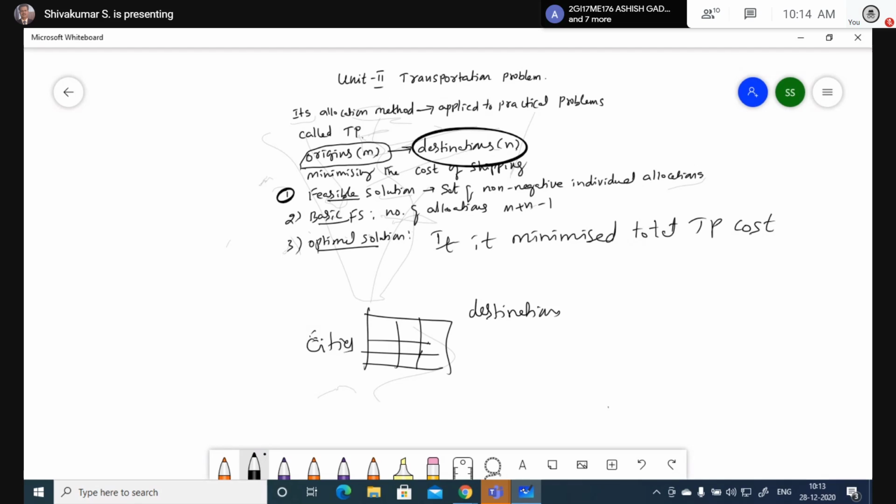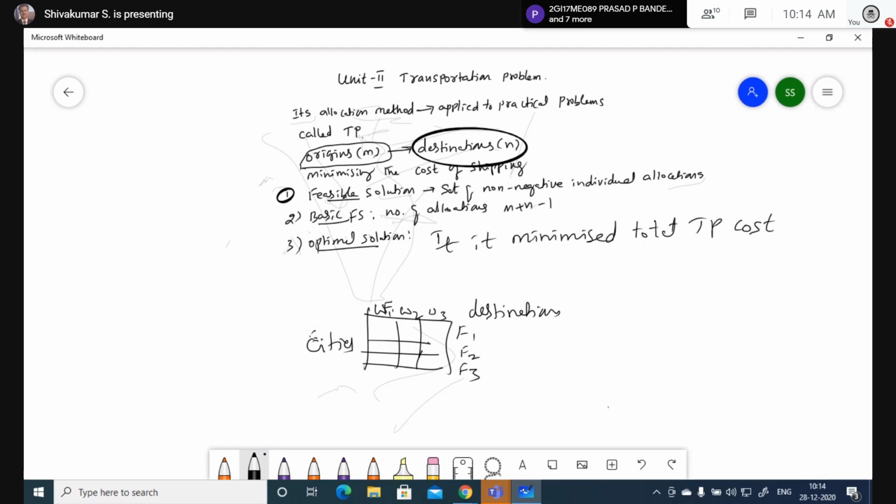Say, for example, some factories or cities are here, and I'm going to write some warehouses W1, W2, W3, and correspondingly you have warehouses in various cities. Say 3 factories are there.